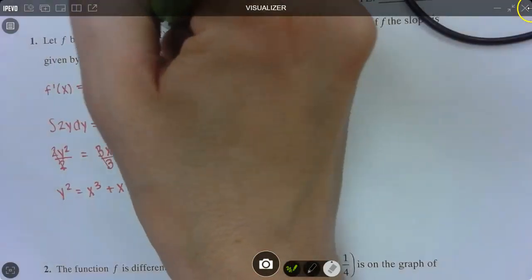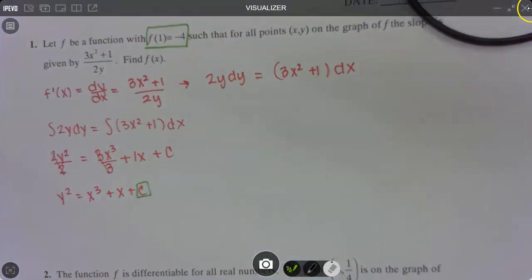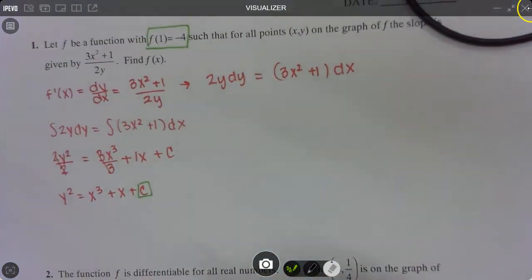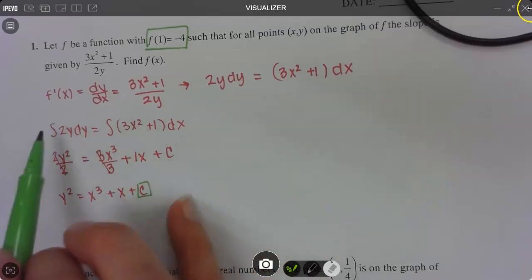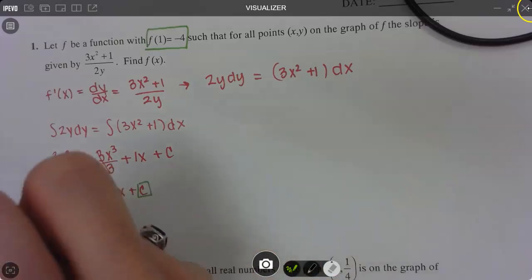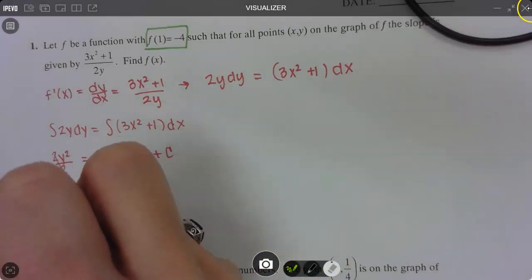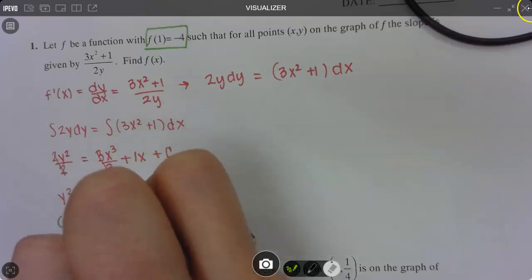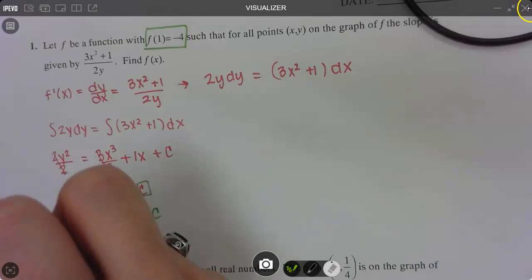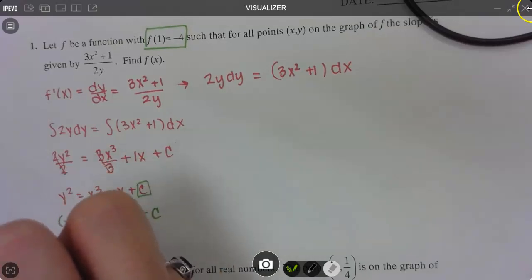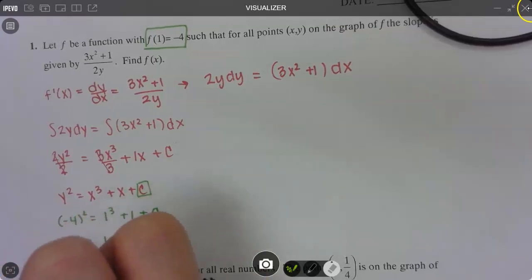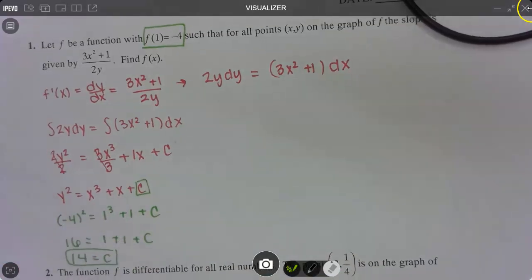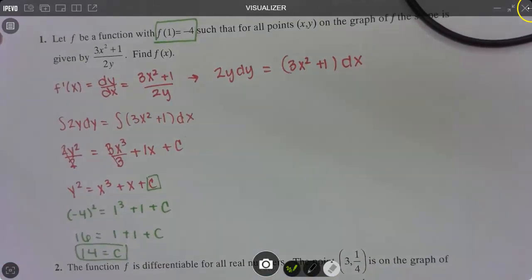The initial condition is f of 1 equals -4, because at this point, this equation represents f of x because you integrated the derivative. So I get that the c value is 14.